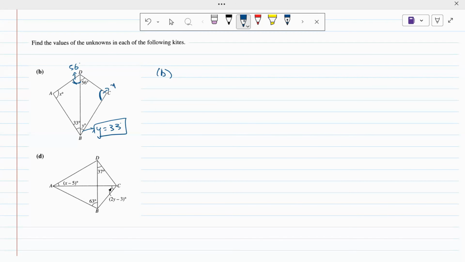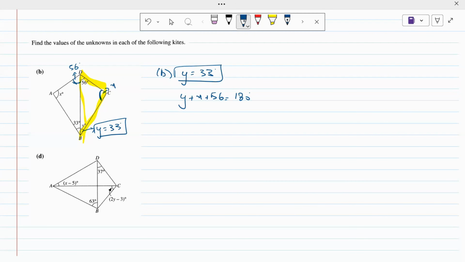So solving it further, we have already got the value of Y, which is 33. And for X, now we'll focus on the triangle BCD. So if you focus on the triangle BCD, we can make the equation as Y plus X plus 56 is equal to 180.